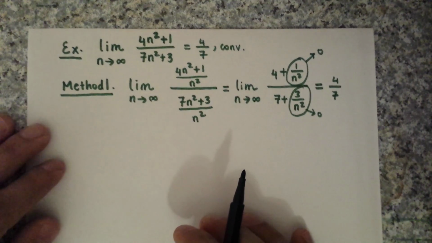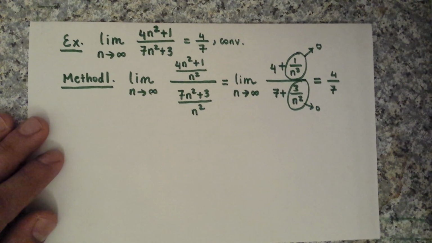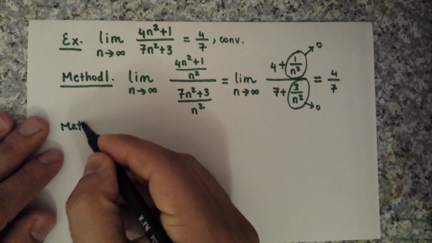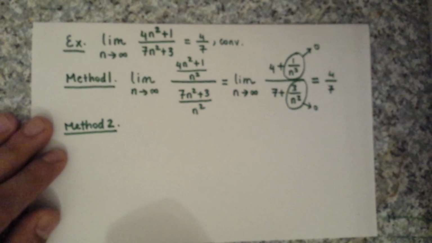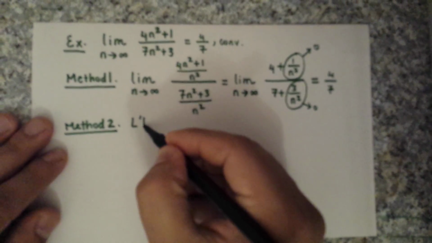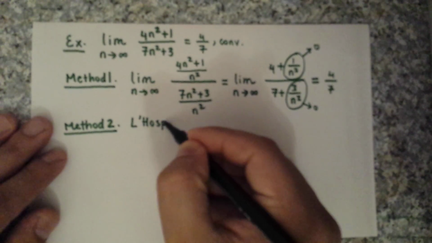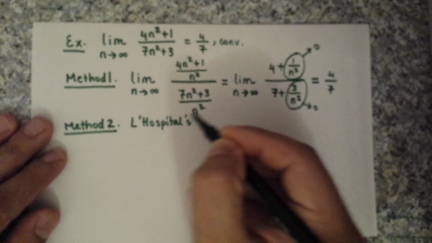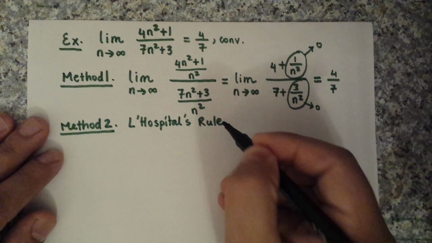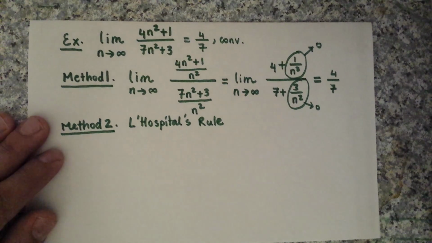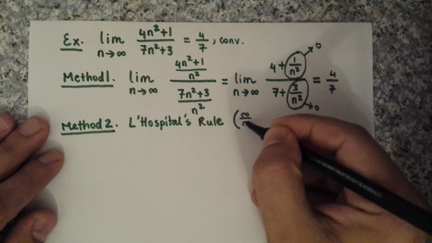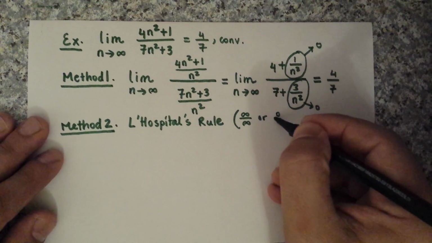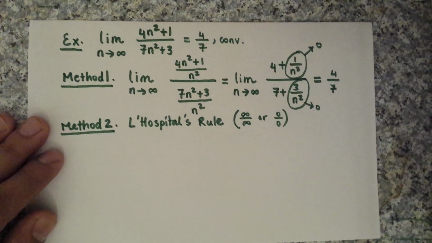Here's another way that's a really straightforward, nice way. This is method 2 that I really want to mention. You all know about it: it's L'Hopital's rule. L'Hopital's rule can be applied to any limit of type infinity over infinity, or 0 over 0 type.